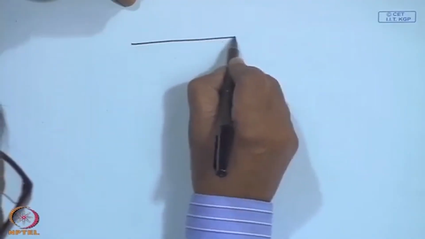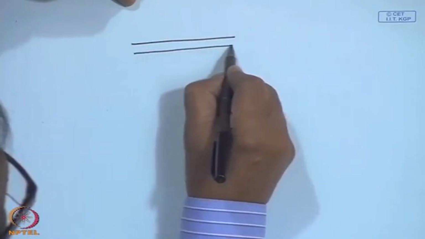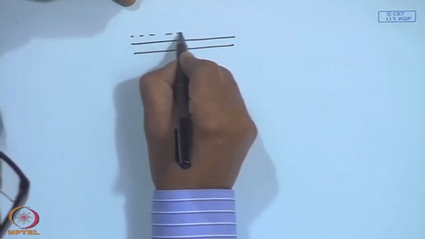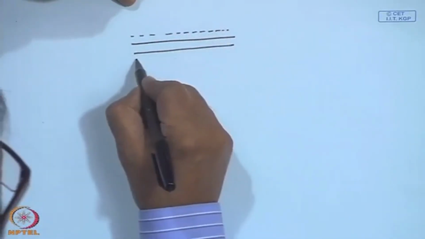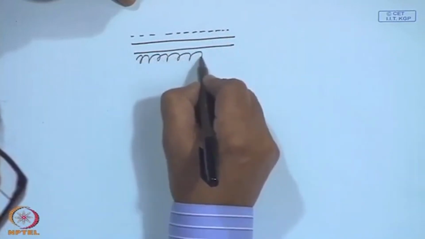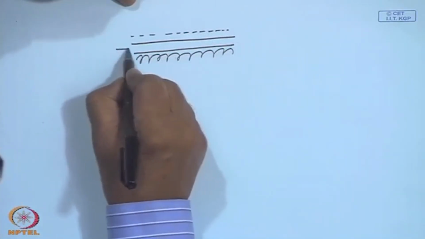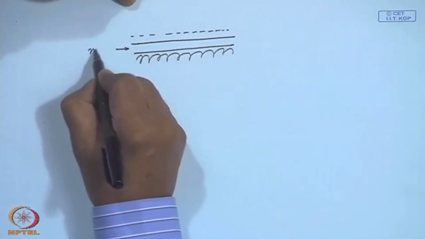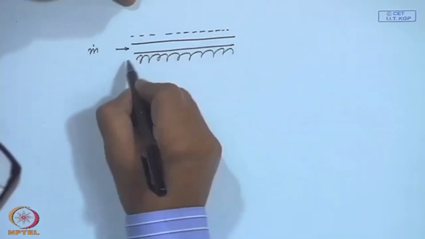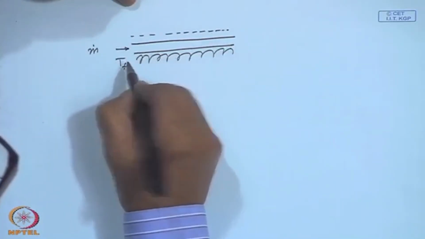In the last lecture, we considered a solar air heater of typical configuration, which consists of a duct and one glass cover, and then the bottom is insulated. A fluid flows at a rate of m dot, entering at T f i and exiting at T f o.